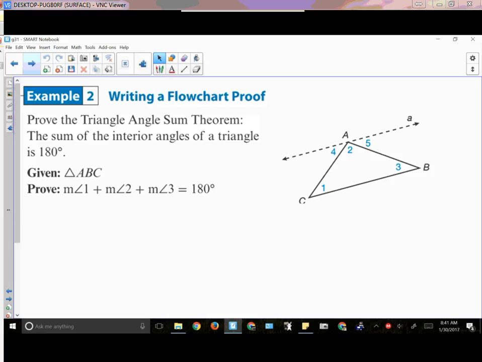We're given a triangle, and we're given what? Prove that the measure of angle 1 plus the measure of angle 2 plus the measure of angle 3 is equal to 180 degrees.